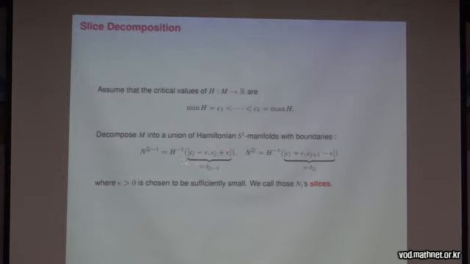Here, on the left-hand side, this is a manifold with one or two boundaries, having exactly one critical value, Cj. And the right-hand side is a manifold with two boundaries and no critical values. So we just cut the manifold along these levels, and we call these pieces slices.